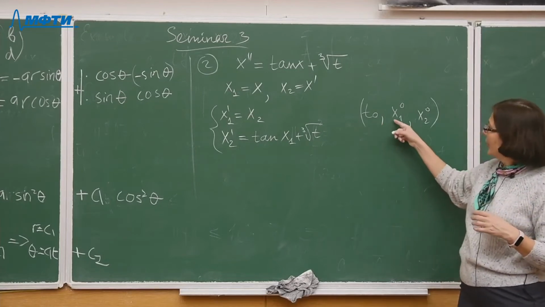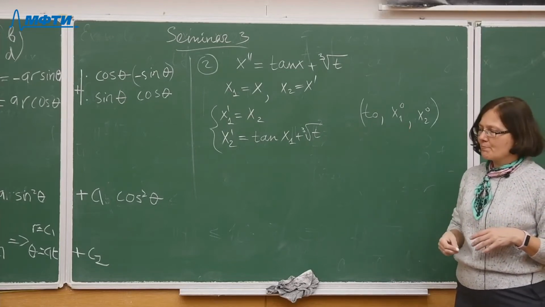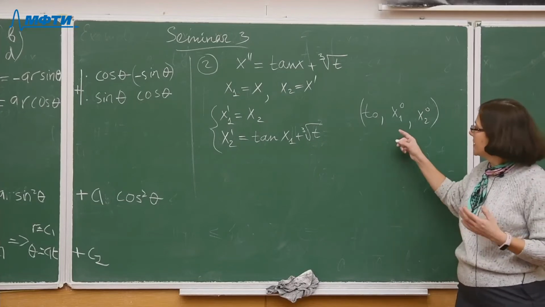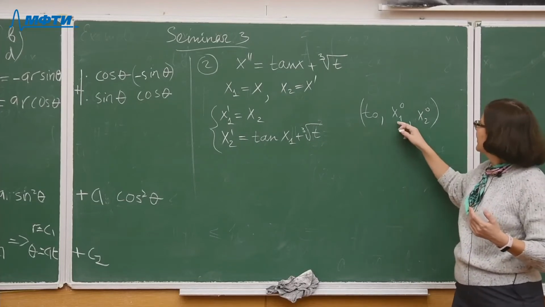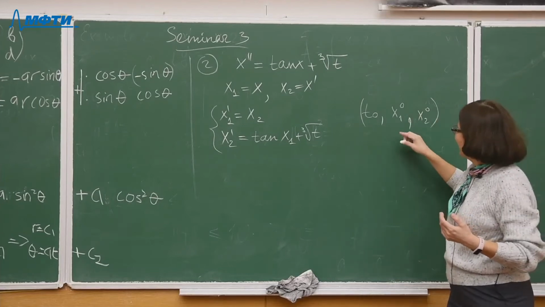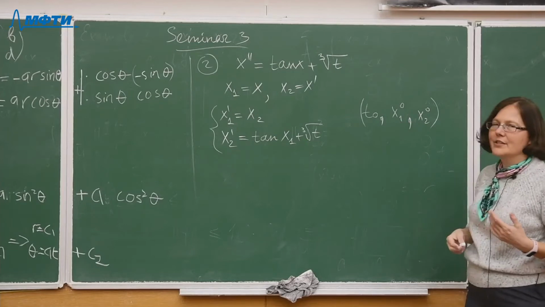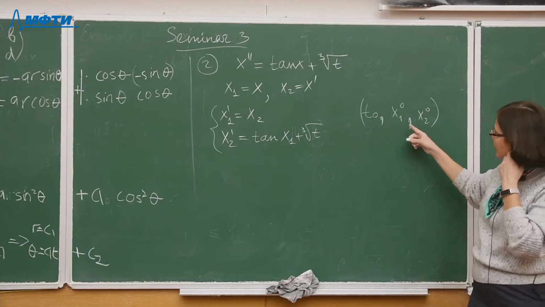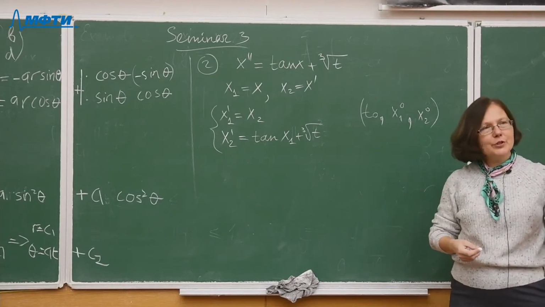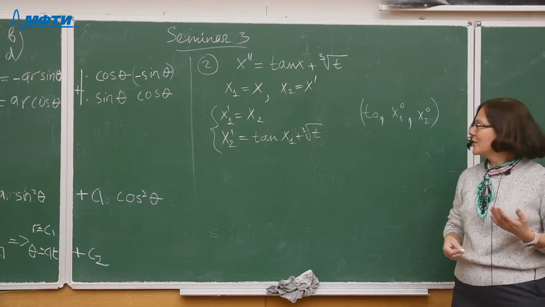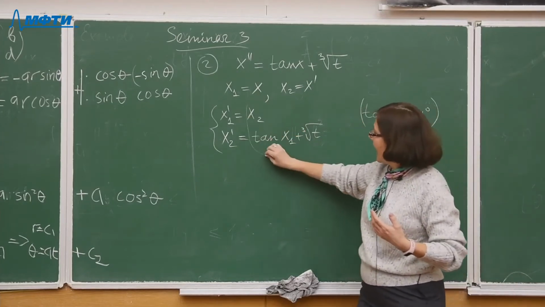But what about the requirements, restrictions, conditions on x1 0 and x2 0? Can they be arbitrary or not? To answer this question, we should look at f, the function f.